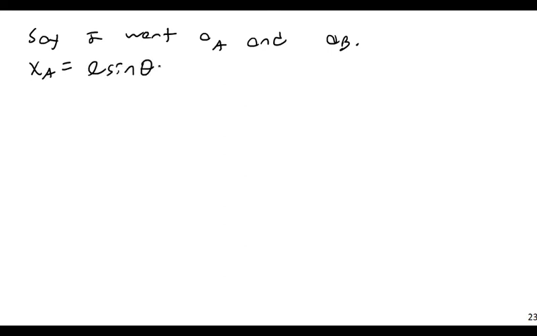So let's say I did that. Well, let's say I want A_A and A_B. I know that X_A equals L sine theta. That's just a geometric relationship. And Y_B is L cosine theta.